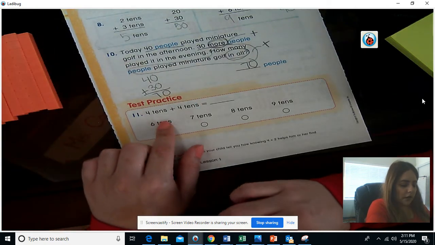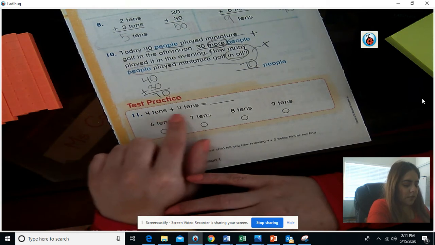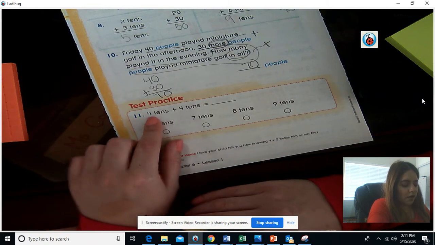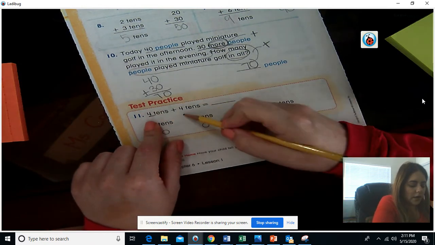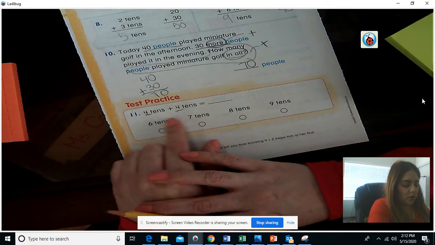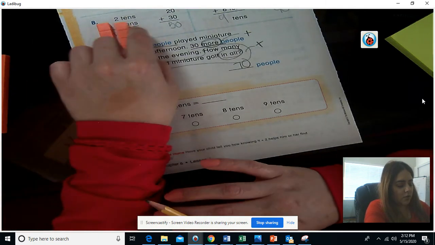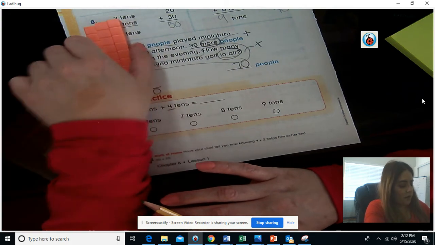All right, and our last question says 4 tens plus 4 tens. So we can look at our number 4 and 4. 4 tens and 4 tens. 1, 2, 3, 4.